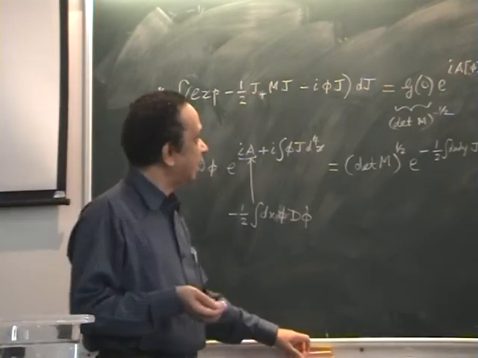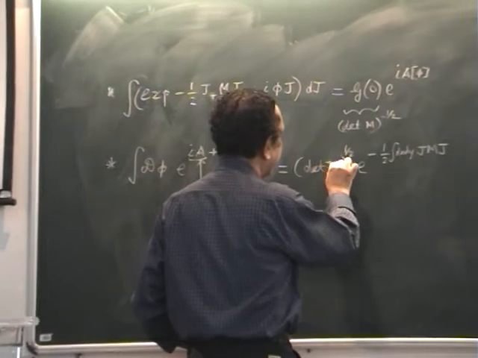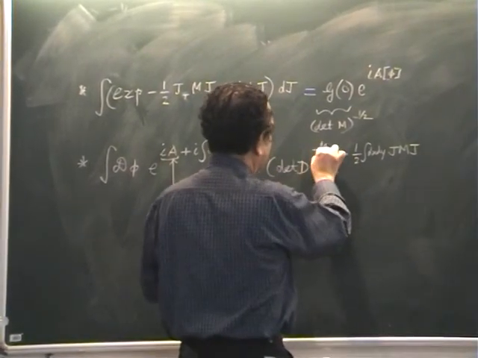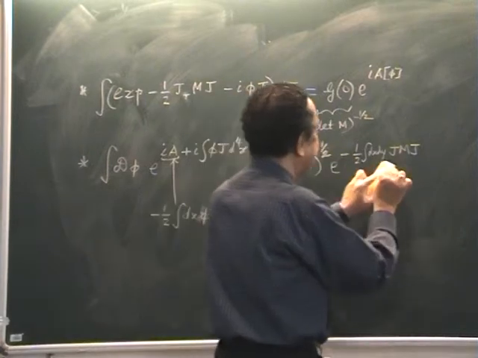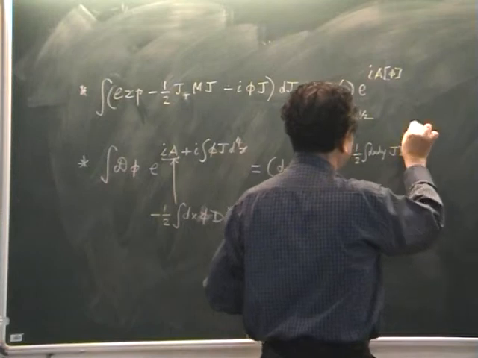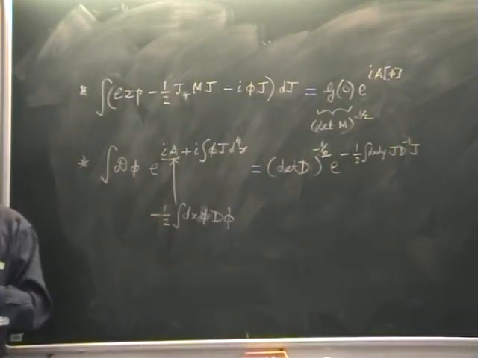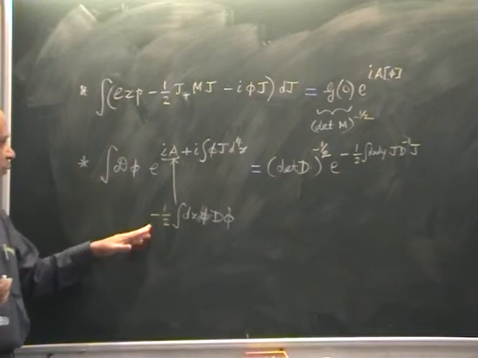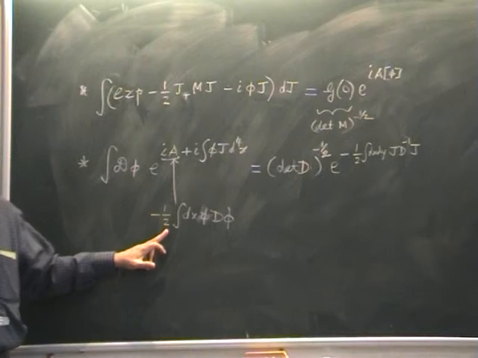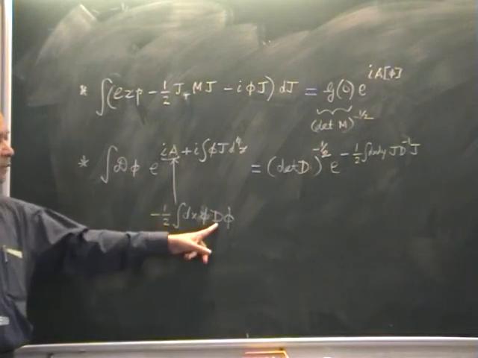Therefore, I can also write this result as determinant of D to the minus half, and this m as D inverse. This is the way you will usually find the result quoted. That is, you start with an exponential. They may put an i here, they may not put an i here in most of the textbooks, either because it is working in Euclidean or because i is absorbed into t.